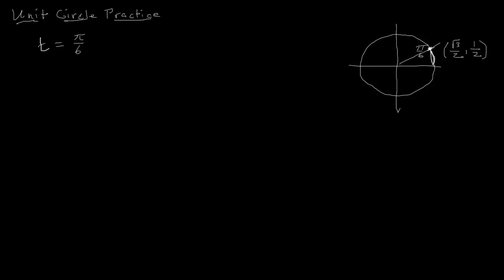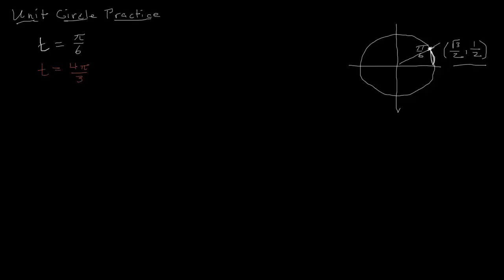And that's just the first few problems, and the practice problems are just find the point that corresponds to that. So another one might be t equals 4 pi over 3. The numerator is one more than the denominator here.